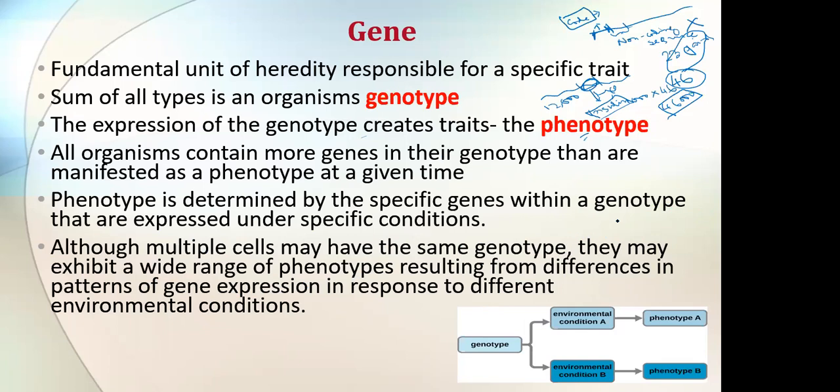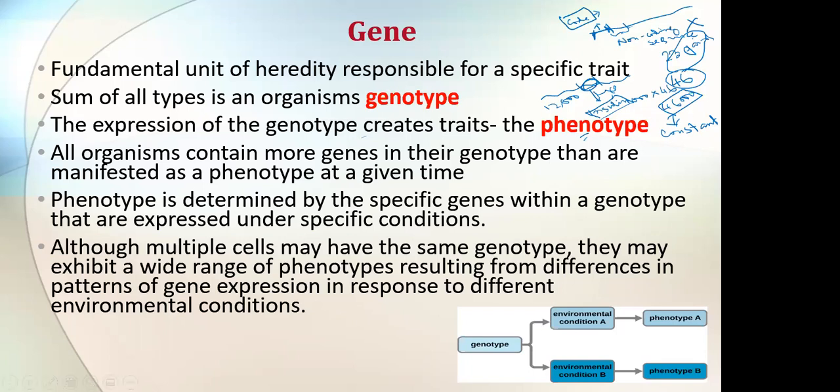Now the genotype, like the number of genes, is actually fixed. That is constant. How many genes there are is constant. But I don't know, today my Wacom tablet is not working properly.